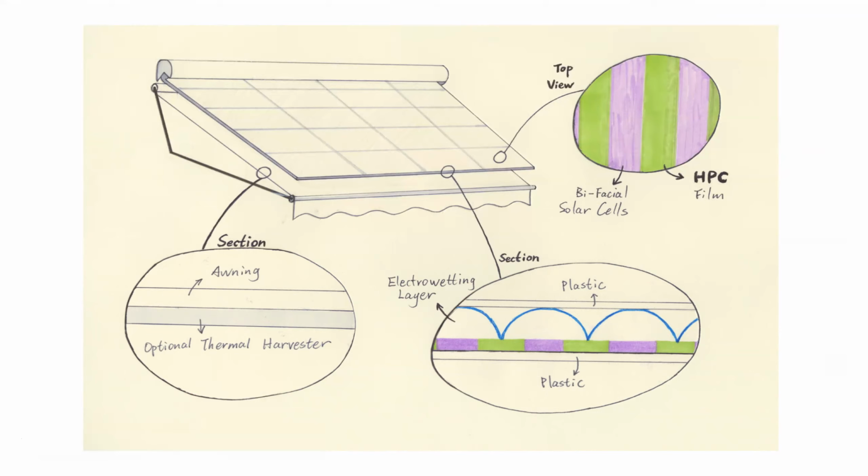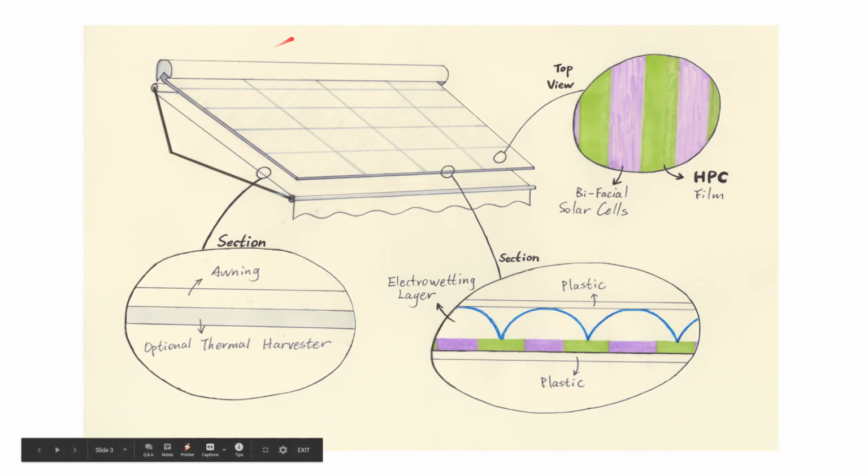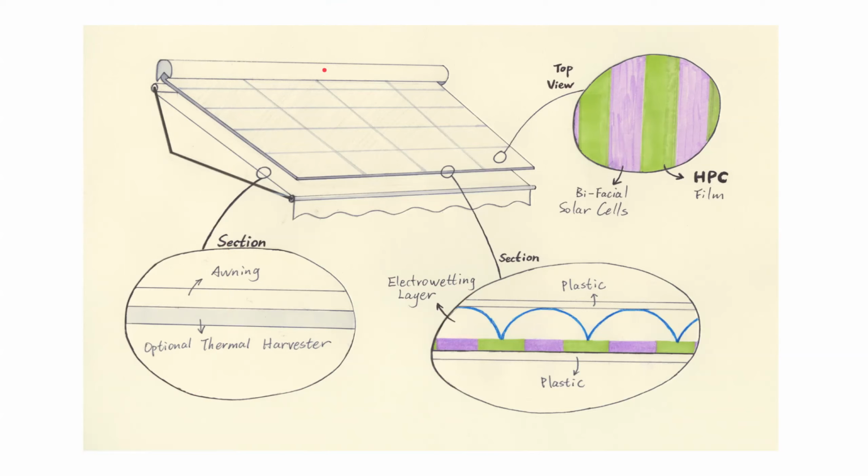And our solar panel part has a bifacial solar cell and HPC film. Underneath our solar panel, there is an awning which acts like a white background that reflects useful wavelengths. We can also add an optional thermal harvester to help absorb excess infrared wavelengths and turn their thermal energy into electric energy.